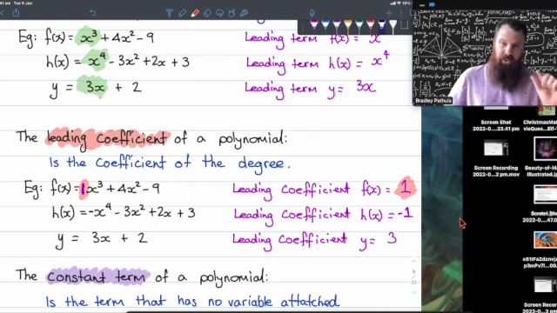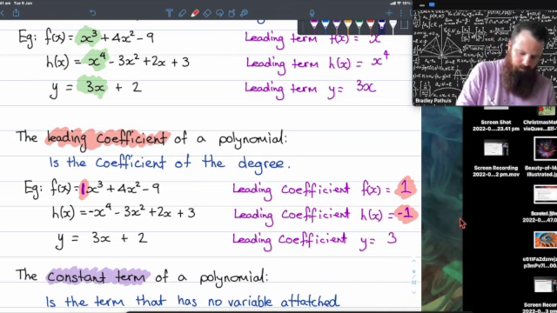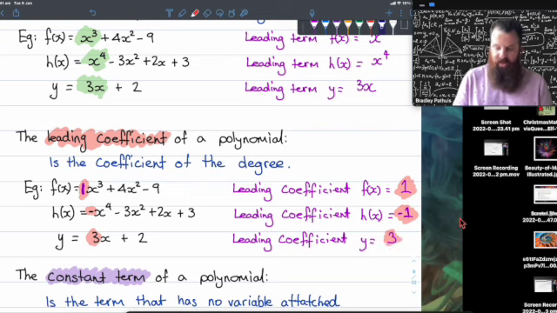In the next one, I've changed it up slightly. Now I've got negative x to the power of 4, so the coefficient there is negative 1. And finally, positive 3 is our leading coefficient of that polynomial.